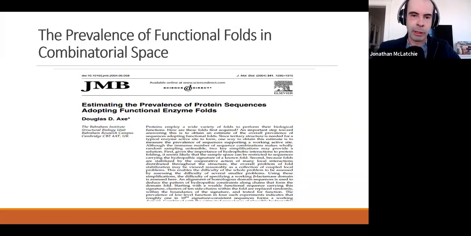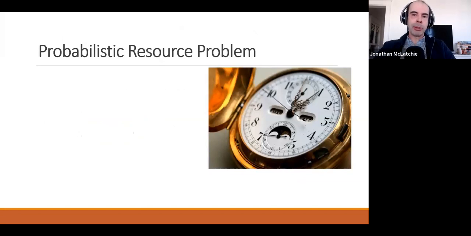To put that in context, again, there's only 10 to the 80 subatomic particles in the known universe and approximately 10 to the 65 atoms in the galaxy. So there is an astronomical rarity of these functional folds within that combinatorial space, the number of ways there are of arranging the amino acids. This presents a probabilistic resource problem.